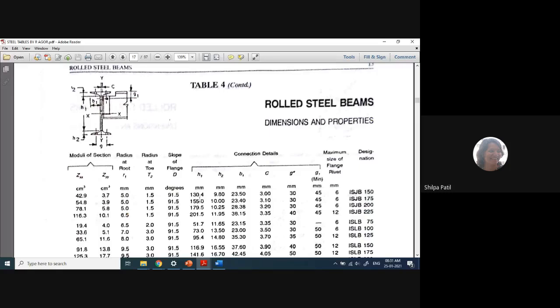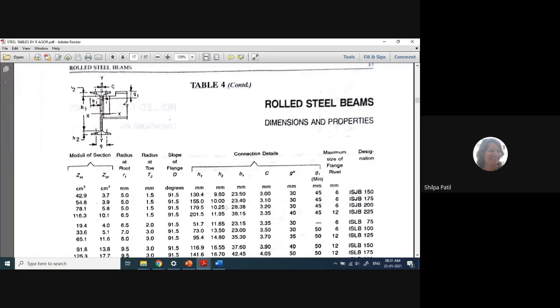There are two other ways also to calculate the depth of the web. One is to consider the overall depth of the section, reduce the thickness of the flange, and also reduce this curved portion. That curved portion is called root radius, or radius at root, which is given as R1.